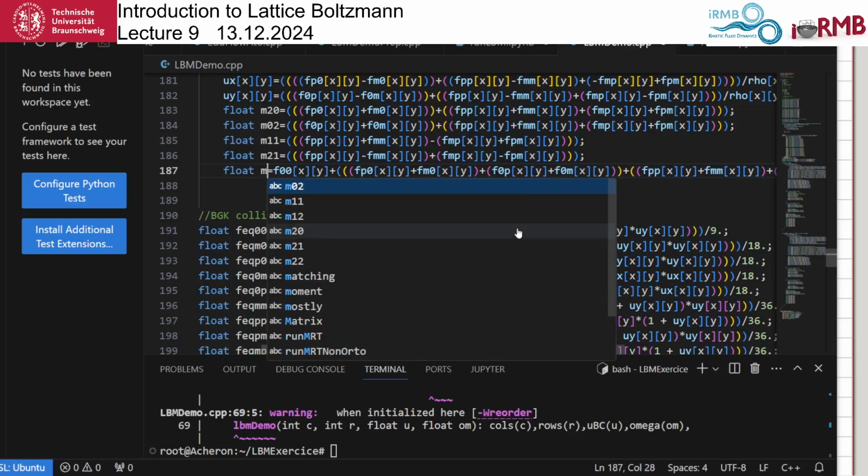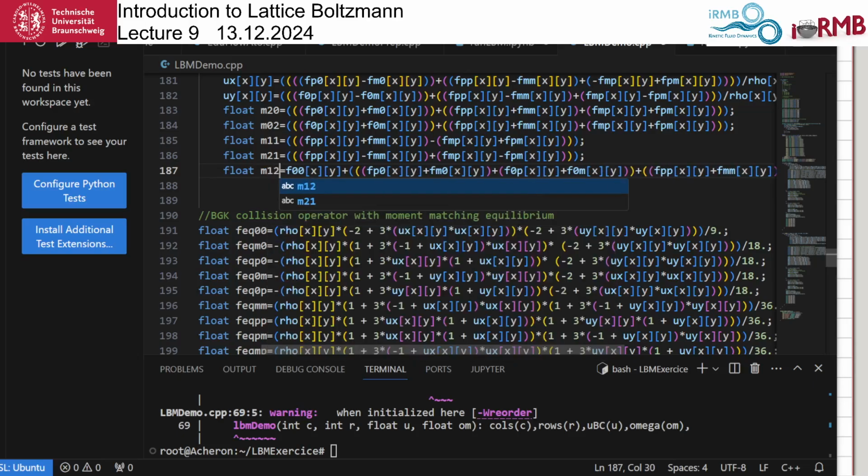Float M12. So the same thing should look. So everything with 0 disappears. So where's this bracket here? So everything that has the first index positive is positive. Yeah.